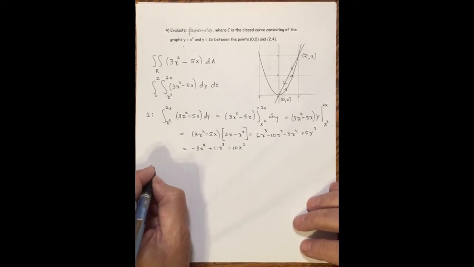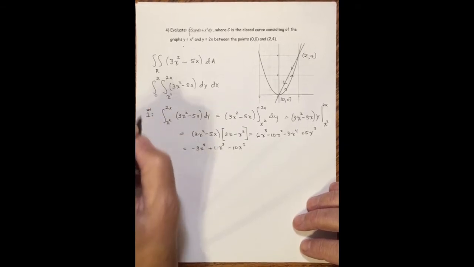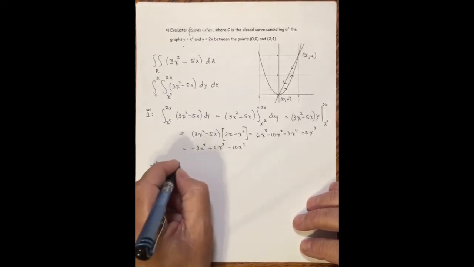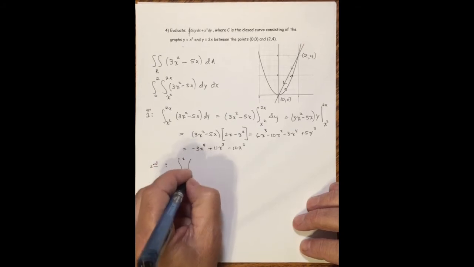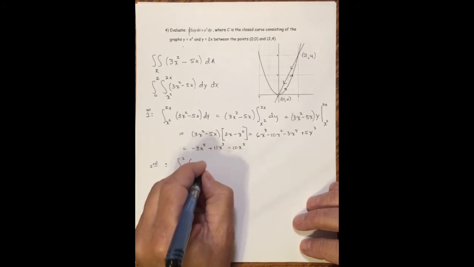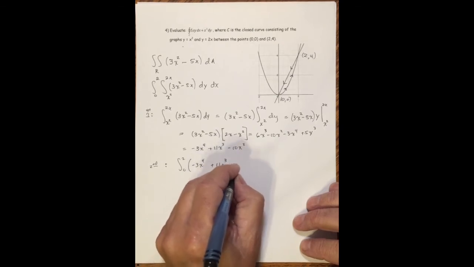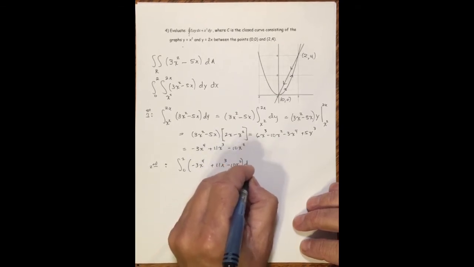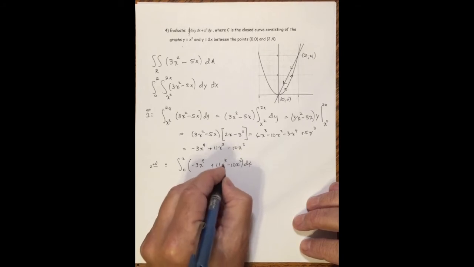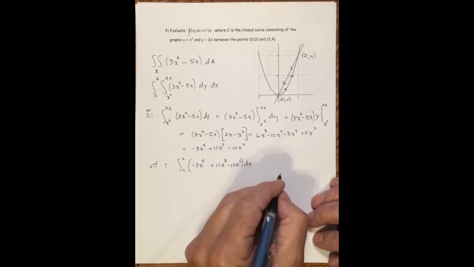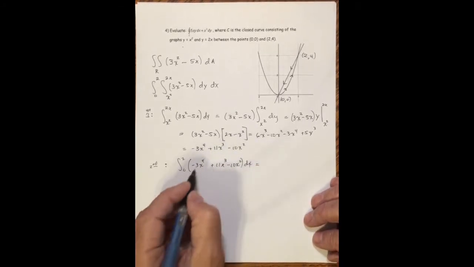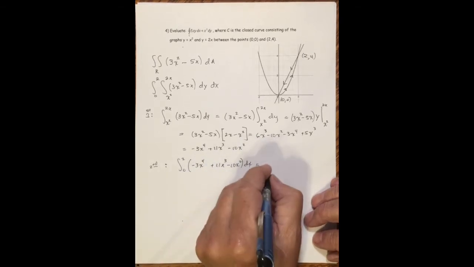Now the second and last integral is going to be the integral of 0 to 2 of this stuff. And it's no big deal, is it? It's just a Calc 2 problem that everyone should be able to do.